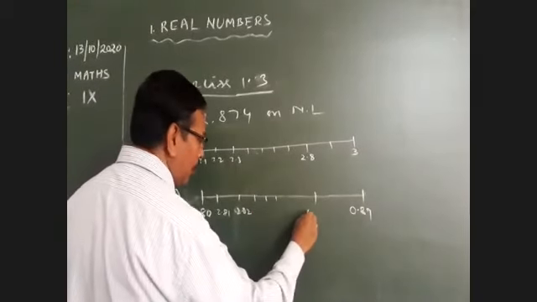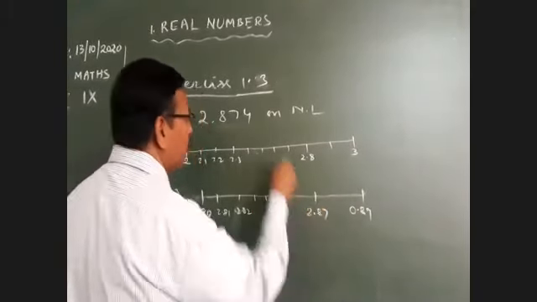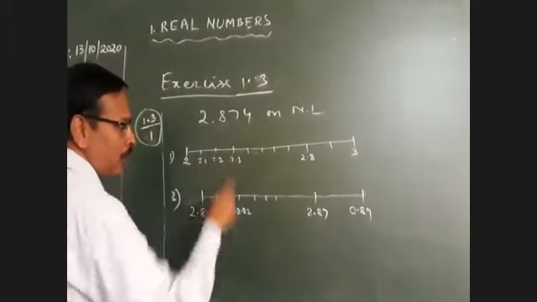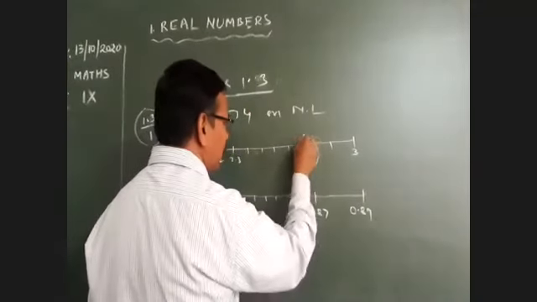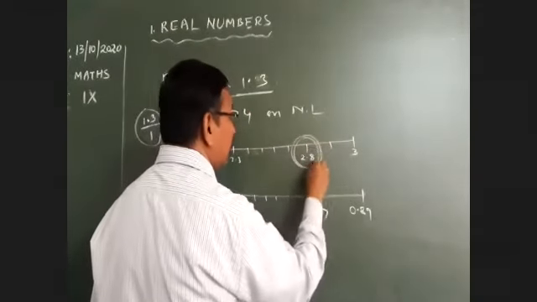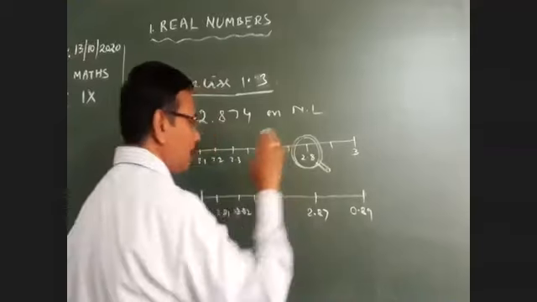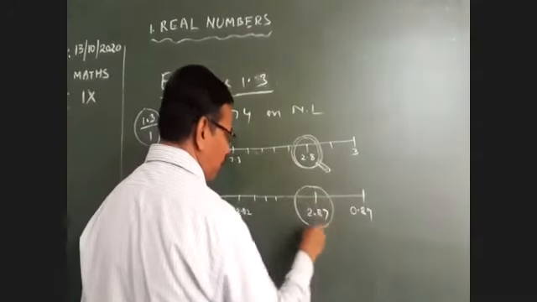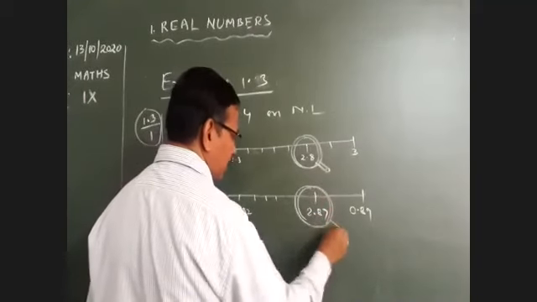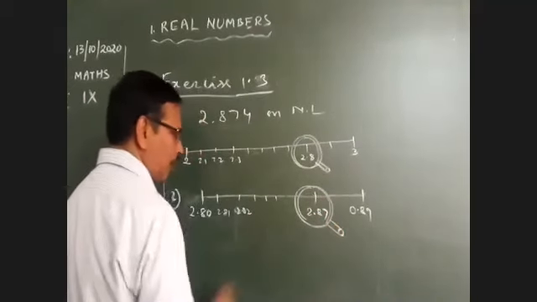Somewhere it will come here, 2.87. Wherever you write it, you have to show it as magnification, like a lens. So here also write the numbers.